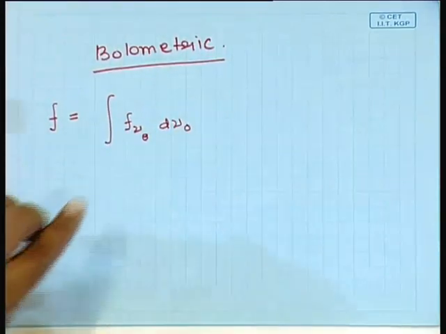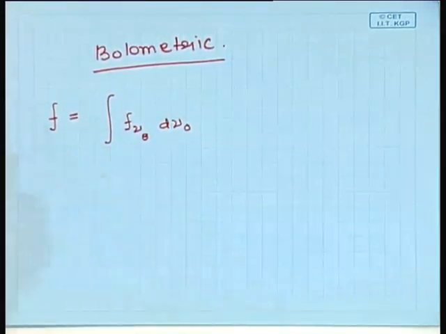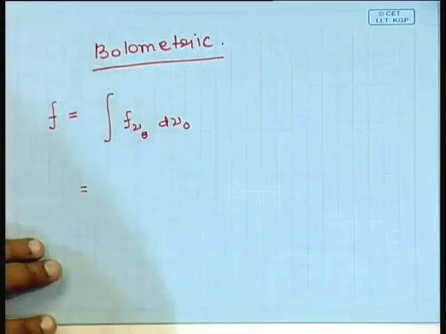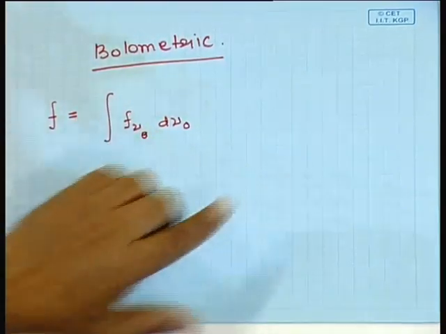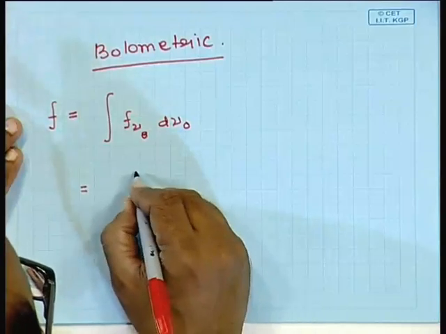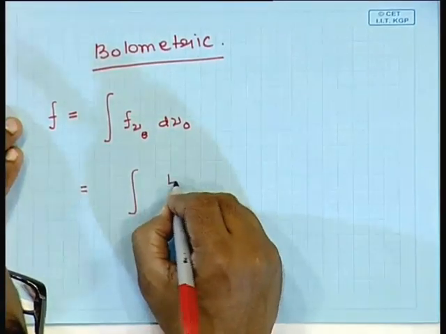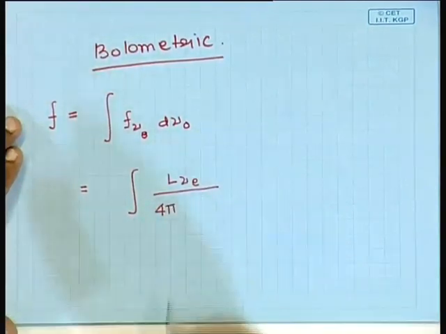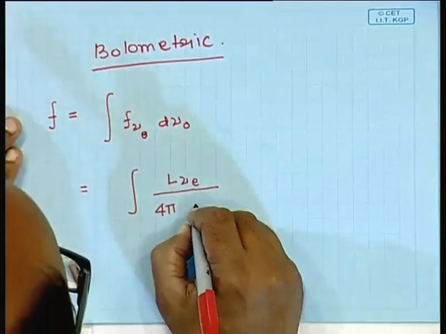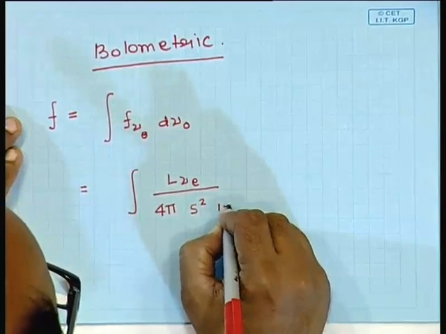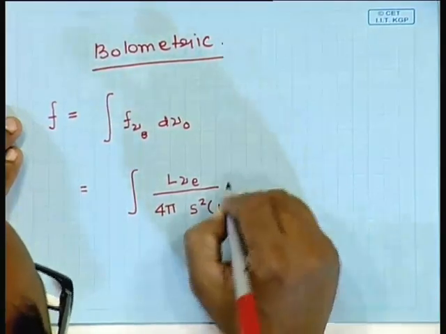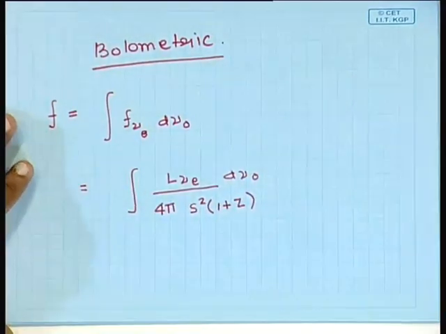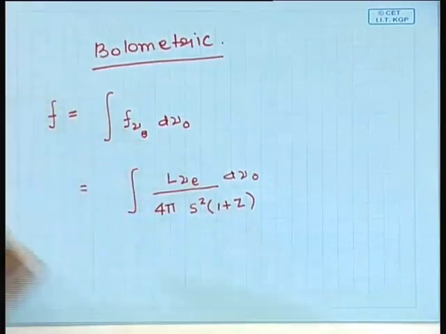If I integrate over all observed frequencies, I will get the bolometric flux, and we have already worked this out in terms of the luminosity. So, this is the integral of L nu emitted by 4 pi S square (1 plus z), d nu observed. I have just replaced the flux in terms of the luminosity.